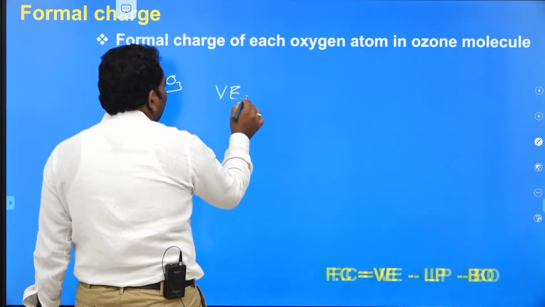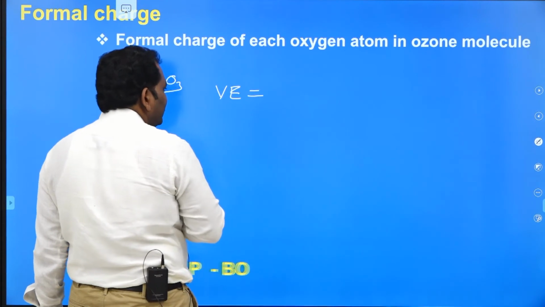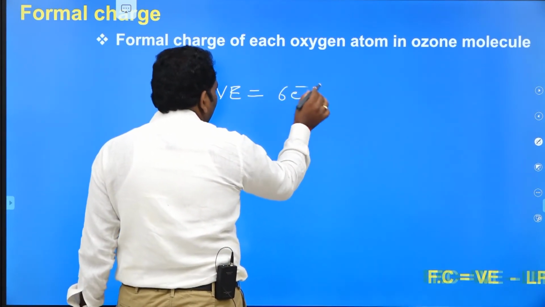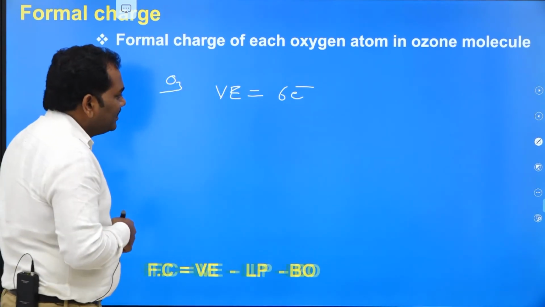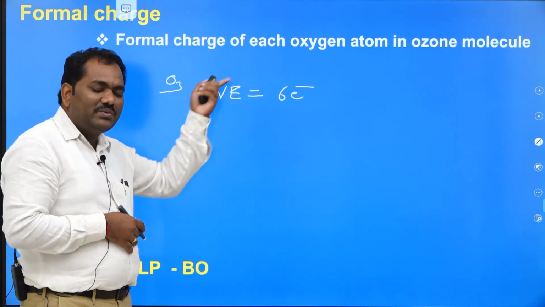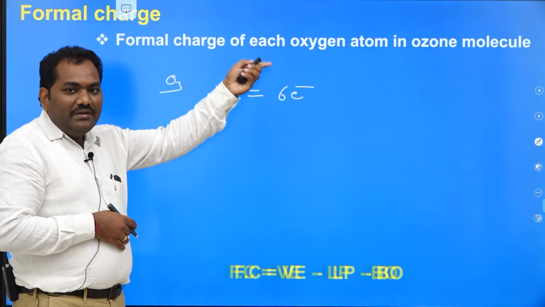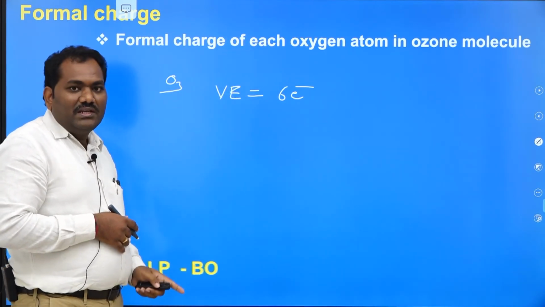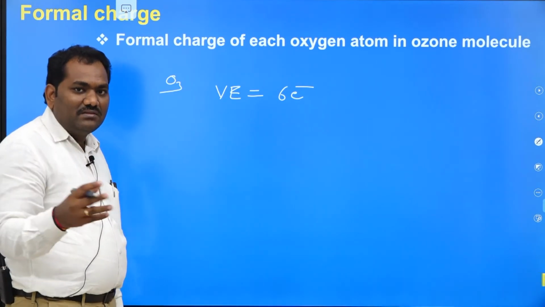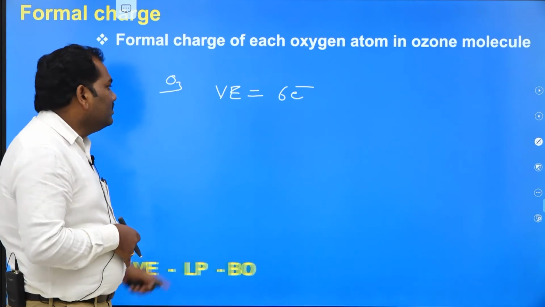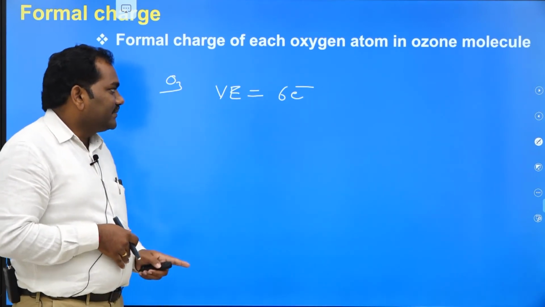The valence electrons of oxygen is equal to 6. Why? Because the electronic configuration is 1s2, 2s2, 2px2, 2py1, 2pz1. The total number of electrons in the valence shell is 6, so the valence electrons are 6.